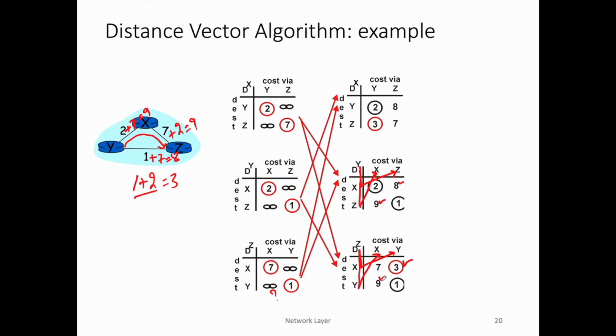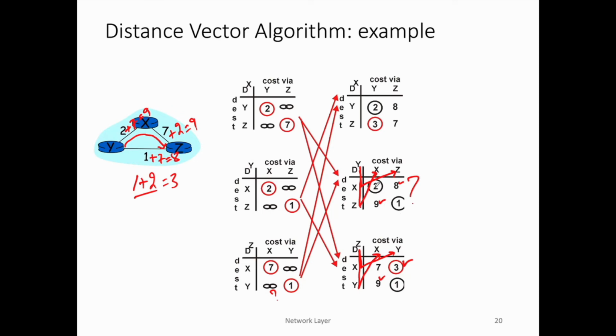Okay. So then in the loop, we wait for the least cost to change to a destination. And yes, this is the case here. What do you think? Which router will send the update message now? Is there any change in the table of Y?